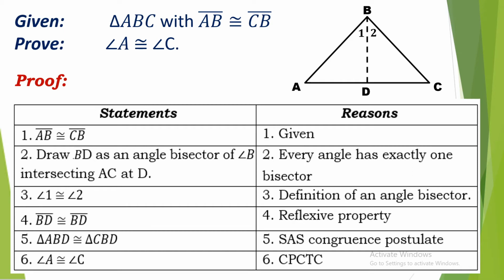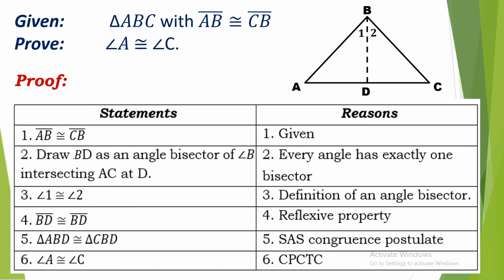For the proof, we have the two-column proof. For the first column, we have the statements, and for the second column, we have the reasons. For our first statement, of course, it must come from the given. So we have segment AB is congruent to segment CB.